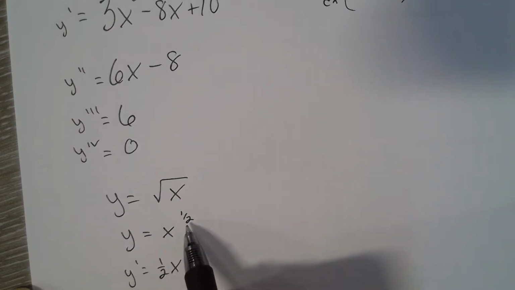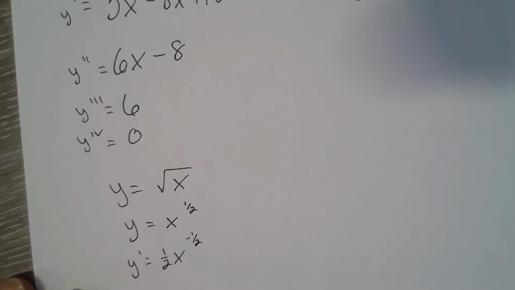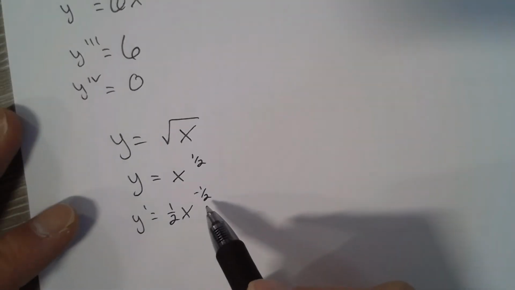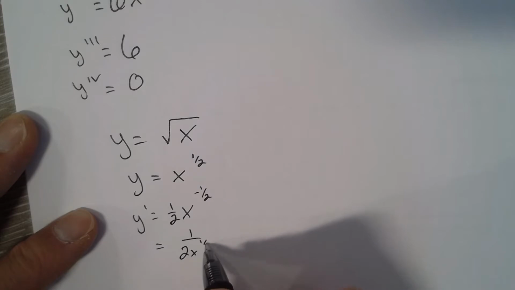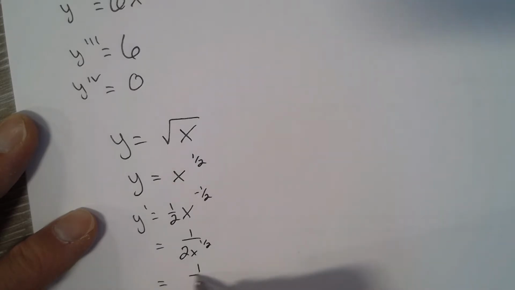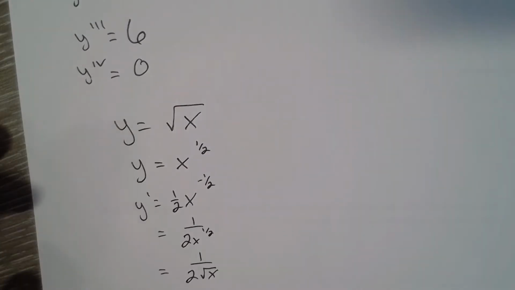X to the, well, we have to subtract 1 there, so it's negative 1/2. So 1/2 x to the negative 1/2. Well, we don't like negative exponents, so I'll put it on the bottom. So it's 1 over 2x to the 1/2. And x to the 1/2 is the same as square root of x. So there's the best answer right there.